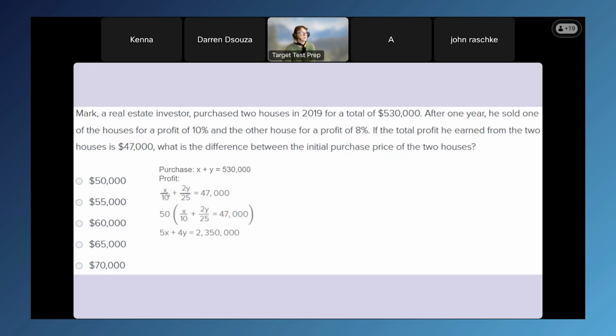So he made 10% of the purchase price as profit on one of the houses, and then for the other house, he made 8y over 100. So 8 times the purchase price divided by 100 would be 8%, but because that isn't a simplified fraction, I simplified down the 8y over 100 to 2y over 25.